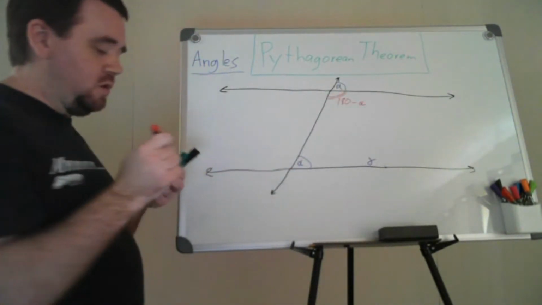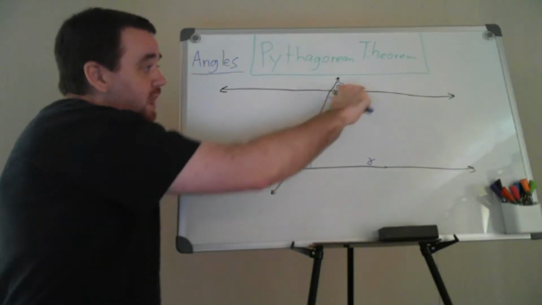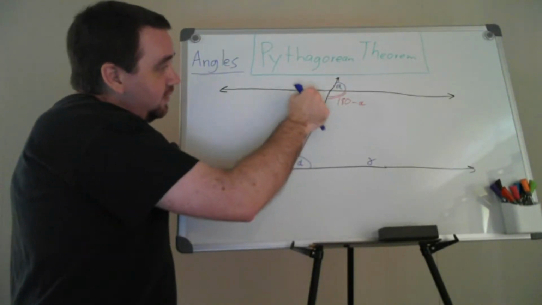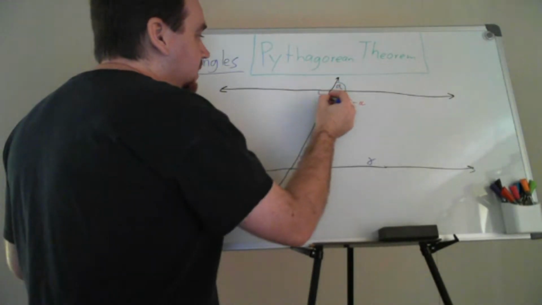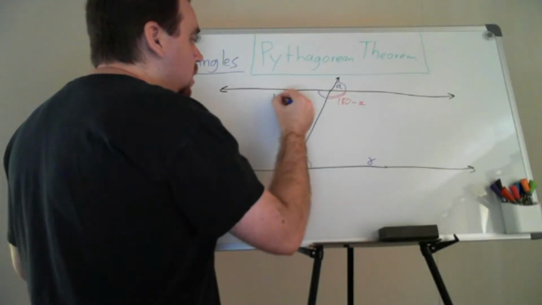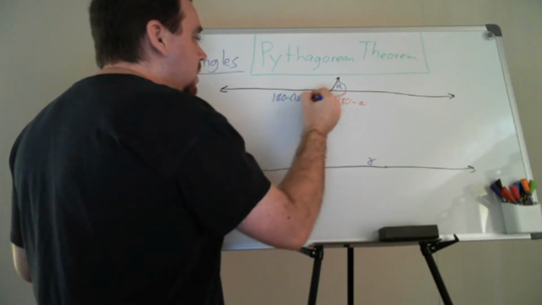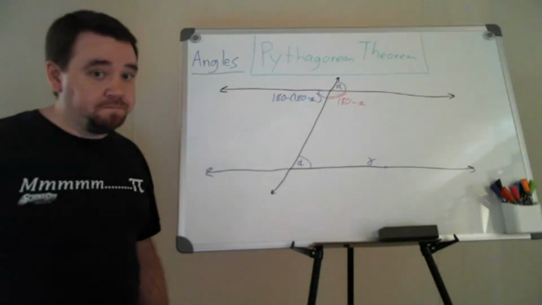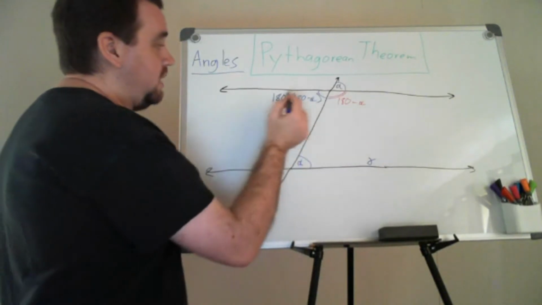All right? Using that same logic, I see right here I've got a straight angle again. And if I know that this piece is 180 minus alpha, and this entire thing is 180 degrees, then this remaining piece must be the leftovers. Or, to put it more accurately, this piece must be 180 minus what I started with, which was 180 minus alpha. Now that's really ugly, so let's clean it up. If you remember your distribution from algebra, I've got a negative out front.